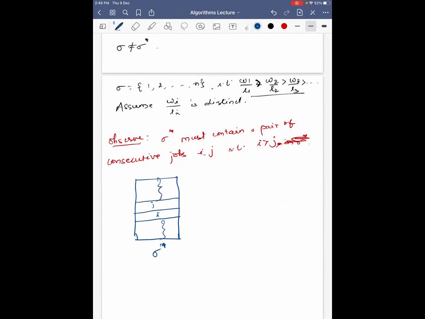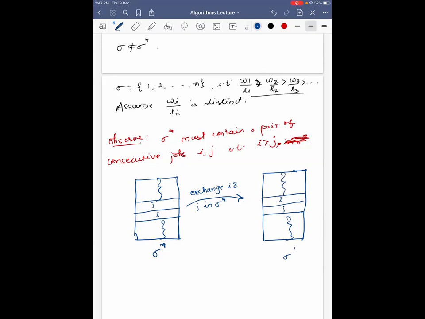Now what we'll do is we'll exchange the order of the jobs I and J in sigma star, and let us denote the resulting schedule by sigma dash. So you'll have a couple of jobs here, now instead of I, you'll have J first, followed by I, and then a couple of jobs.